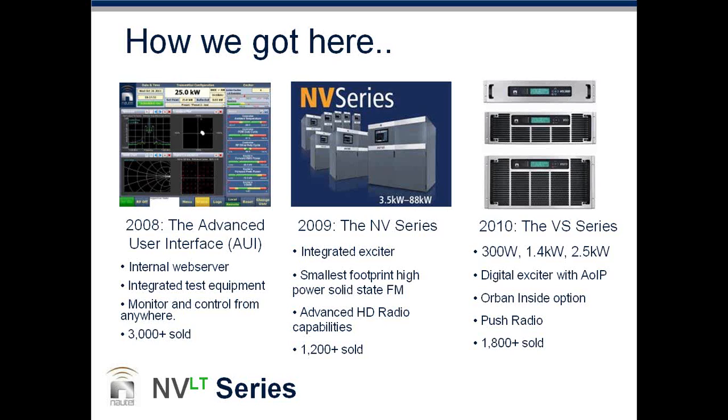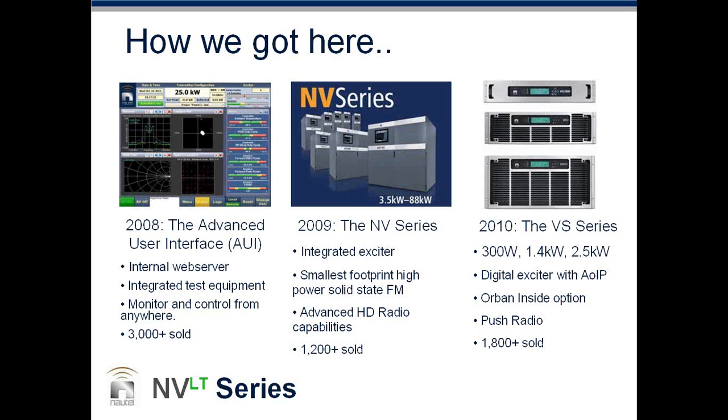So how did we get to this point with the MVlt development? It's a combination of multiple things. In 2008, Nautel introduced the Advanced User Interface, the AUI. It would be ever so simple and easy just to call the AUI just a user interface. But it's far more than that because it has so much depth in the transmitter. There's so many things we're monitoring in the transmitter.